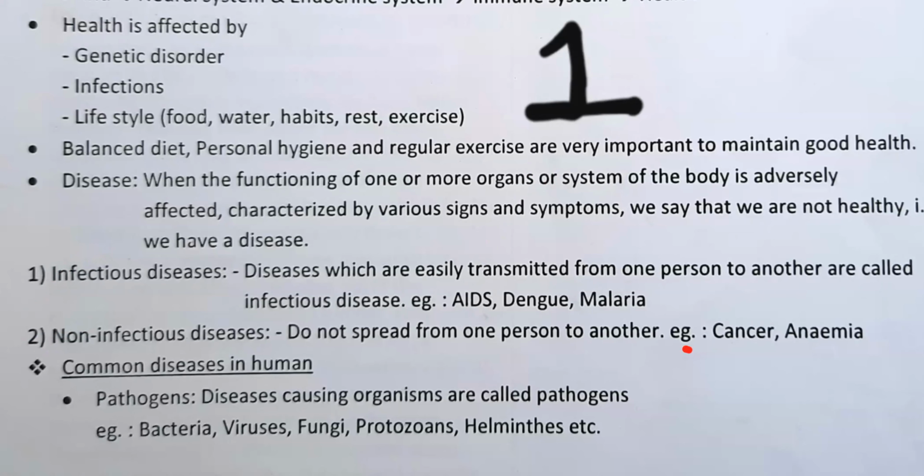That organism which causes disease in an organism or in a human or in a person is accepted or considered as the pathogenic organism. There are a lot of bacteria. Major four groups of pathogens for humans are bacteria, viruses, fungi, protozoans.